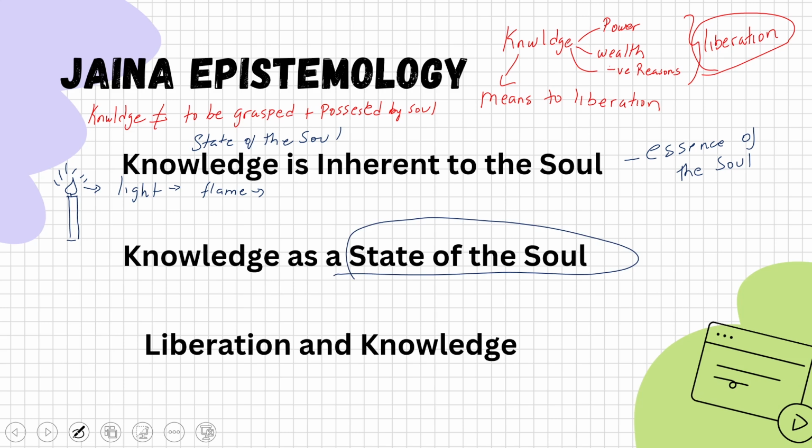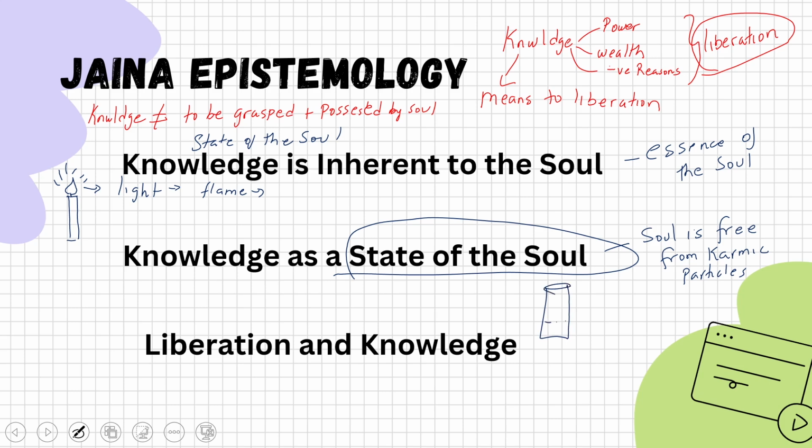So as we have already seen, when the soul is free from karmic particles, it can achieve its full liberation. Okay, and the example that we dealt with was the glass, right?